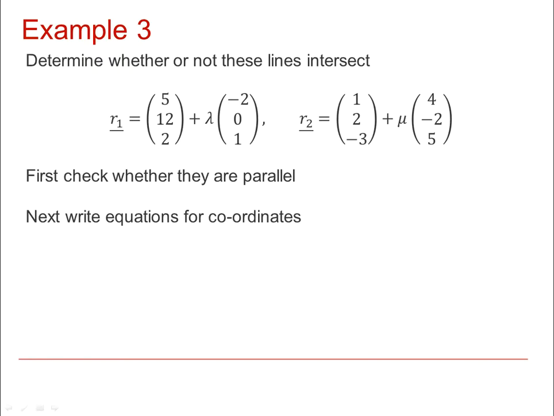What we then need to do is, as before, write down the equations given by the coordinates x, y and z, and then equate those so that we form a set of 3 simultaneous equations.